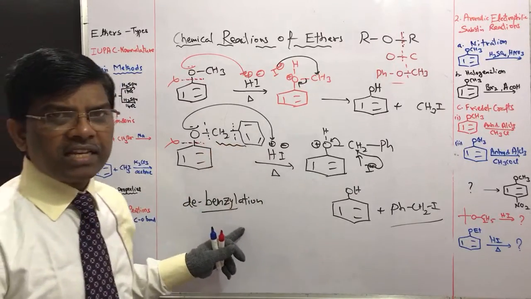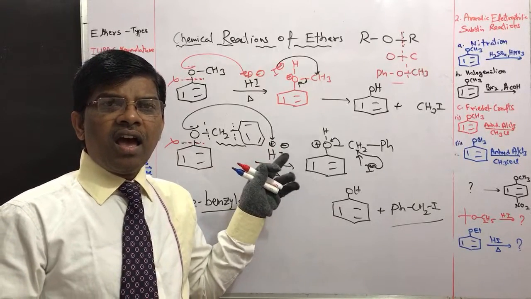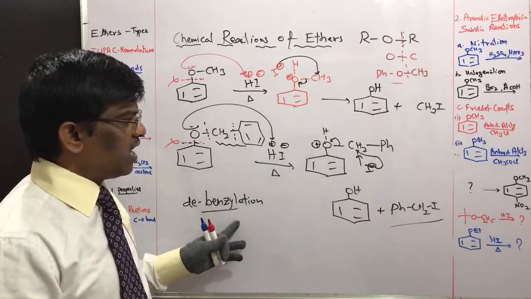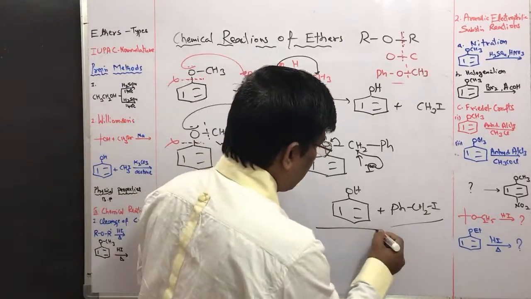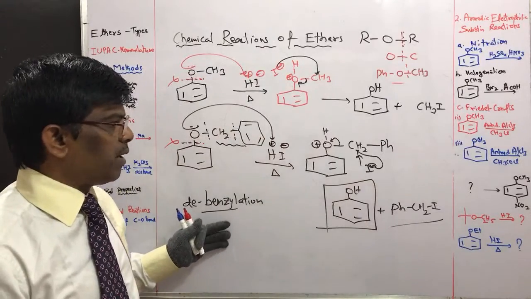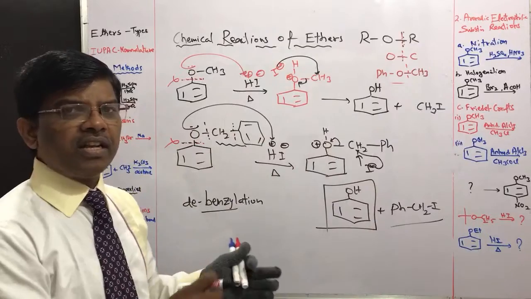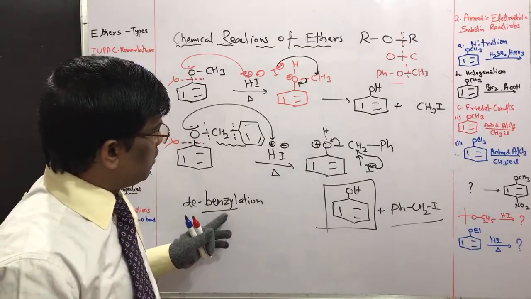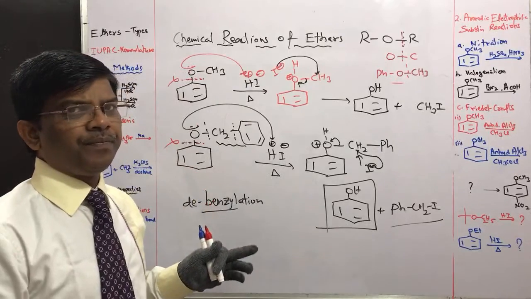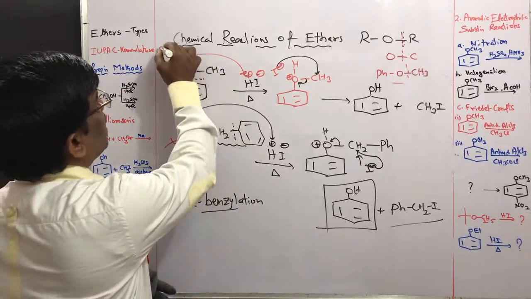Debenzylation can be done using concentrated HI or HBr or HCl under heating reaction conditions to give alcohols or phenols. Yes. So this is one of the methods of protecting this phenol group. You will learn in higher classes or during research, right? So the benzyl group can be deprotected using HI.